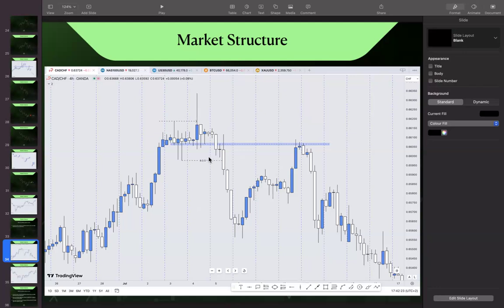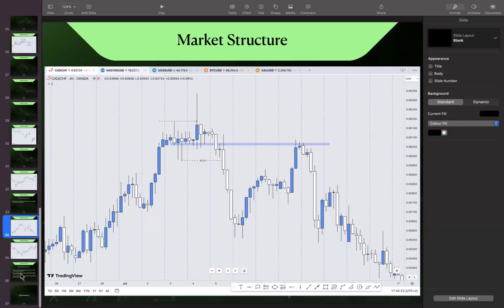Once we have that information, we count the impulse and then the pullback. Then we sell at a point of interest. In this case, support turned resistance. We will find more examples within here if we go down in time frame, and then we can find more entries over there.